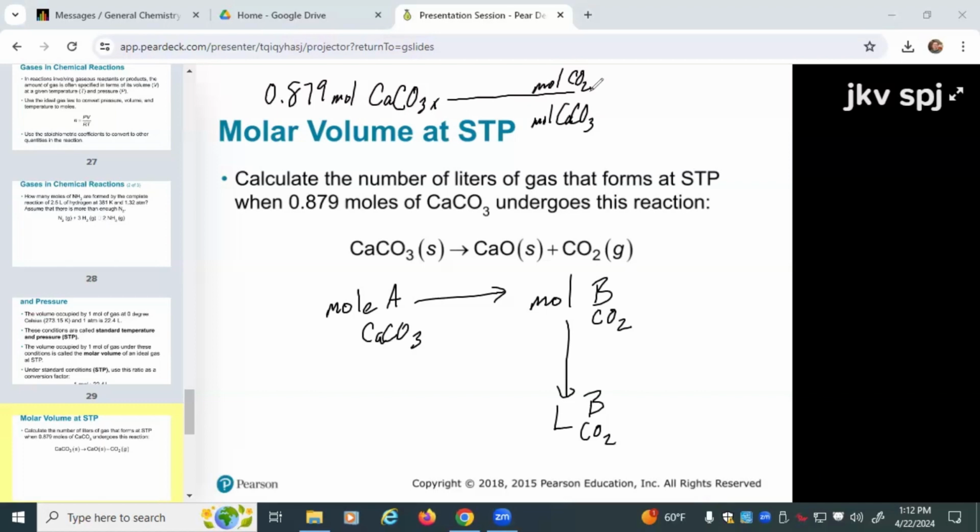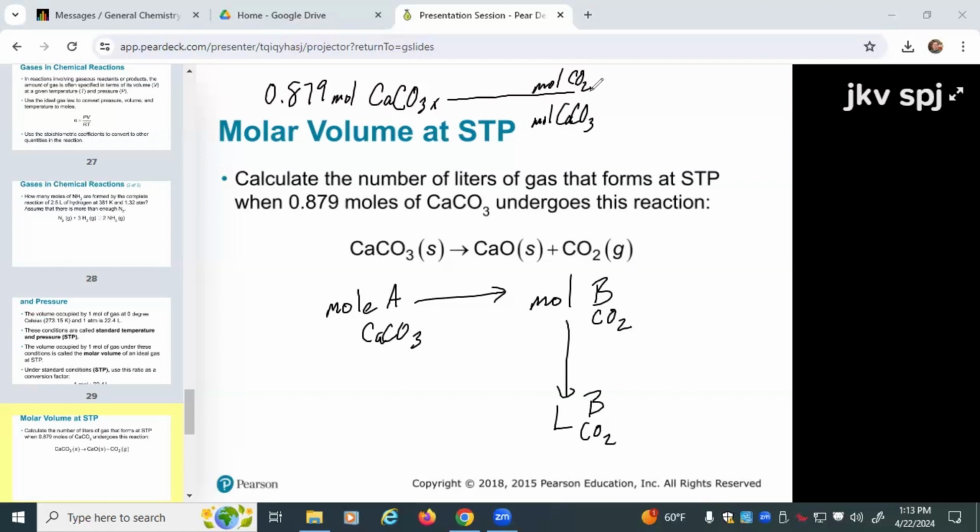Where do I get the numbers to do this conversion? Looking at the periodic table, you're looking in the wrong direction. We're going from moles of one thing to moles of another.